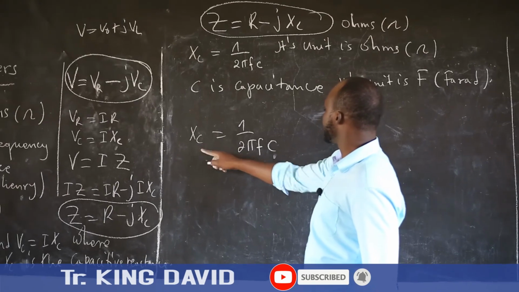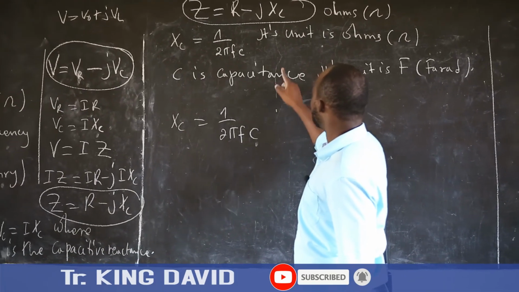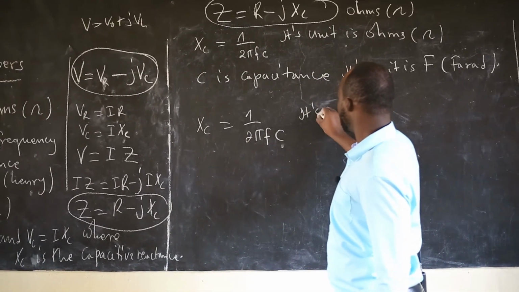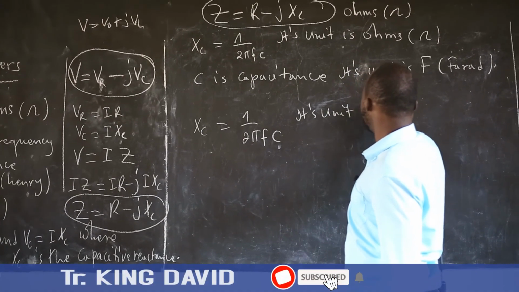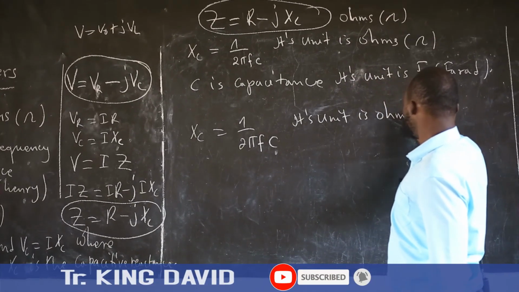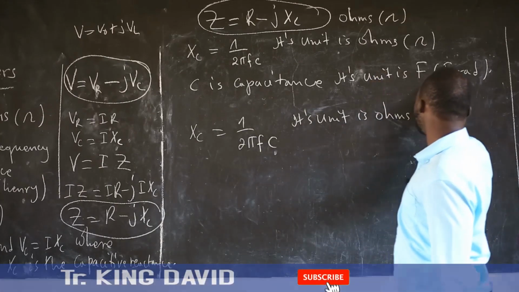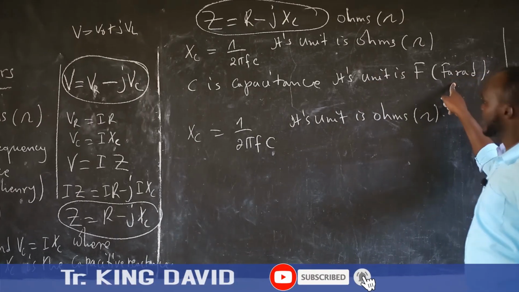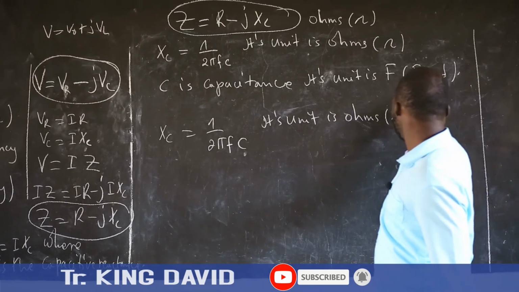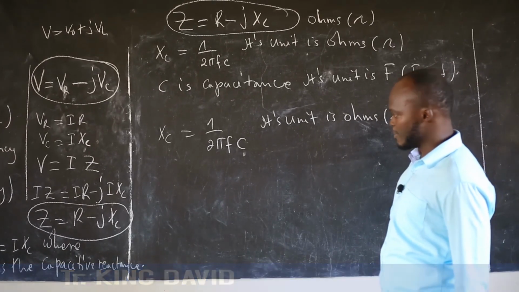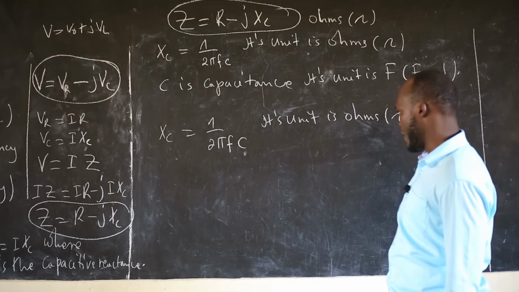The unit of XC is ohms. C is capacitance, and its unit is farad. The unit of capacitance is farad. So let us see examples. We're going to see examples.